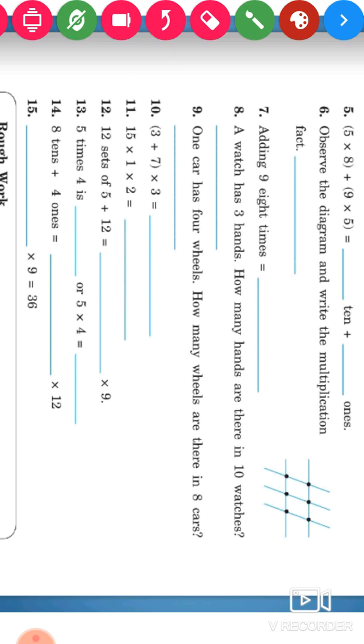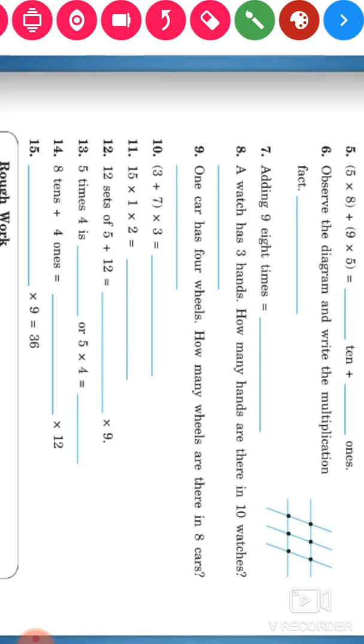Okay. So the number of wheels in 1 car is given, and 8 cars is asked.